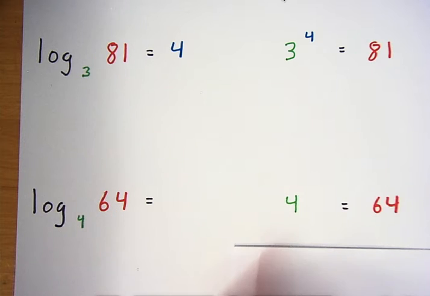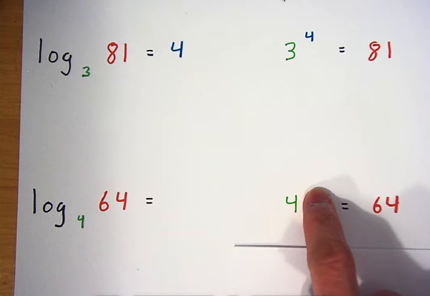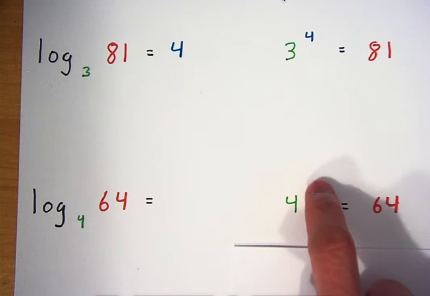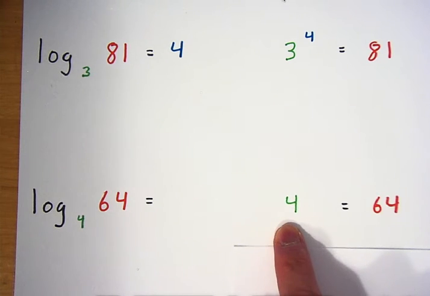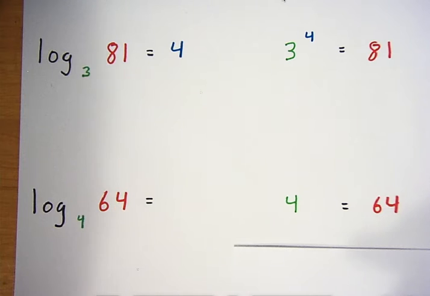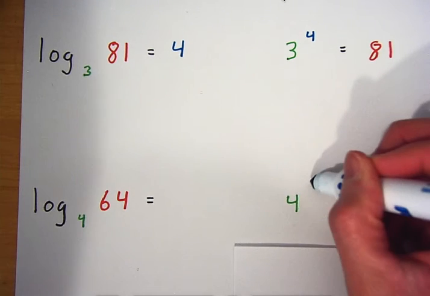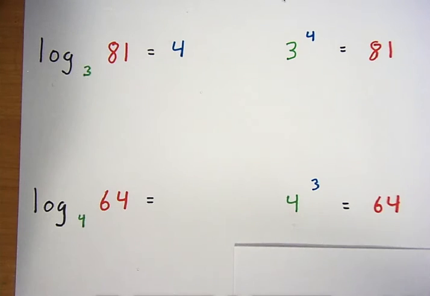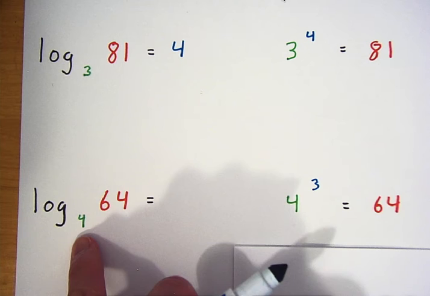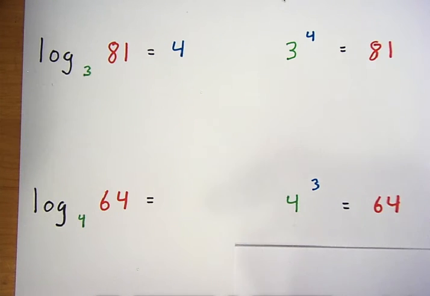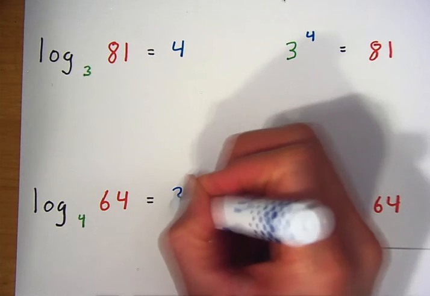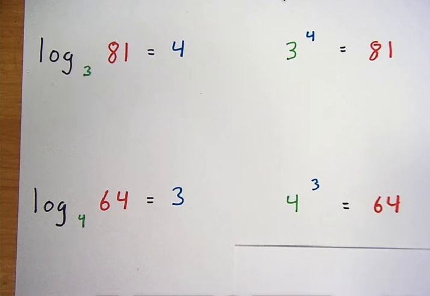And I'm looking for what number, if I put it as the exponent over here, would make 4 into 64. And 4 times 4 times 4 is 64. So 4 to the 3 power is equal to 64. Therefore, log base 4 of 64 is equal to 3, or has the same value as 3.